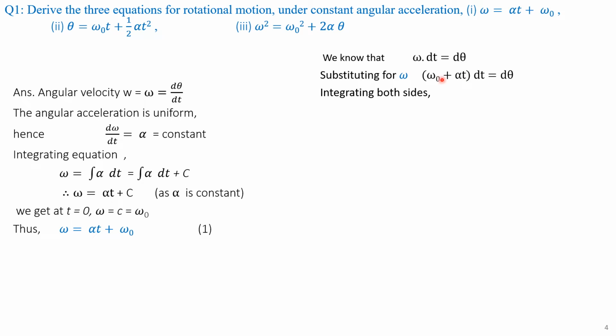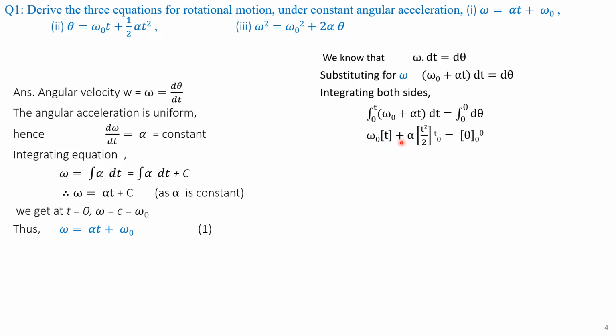Now we integrate the above step on both sides. We get integral 0 to t of omega naught plus alpha t into dt is equal to integral 0 to theta d theta. That is, at the time t, the angular displacement is theta. Therefore, the limits are 0 to t on the time scale and 0 to theta for the displacement.